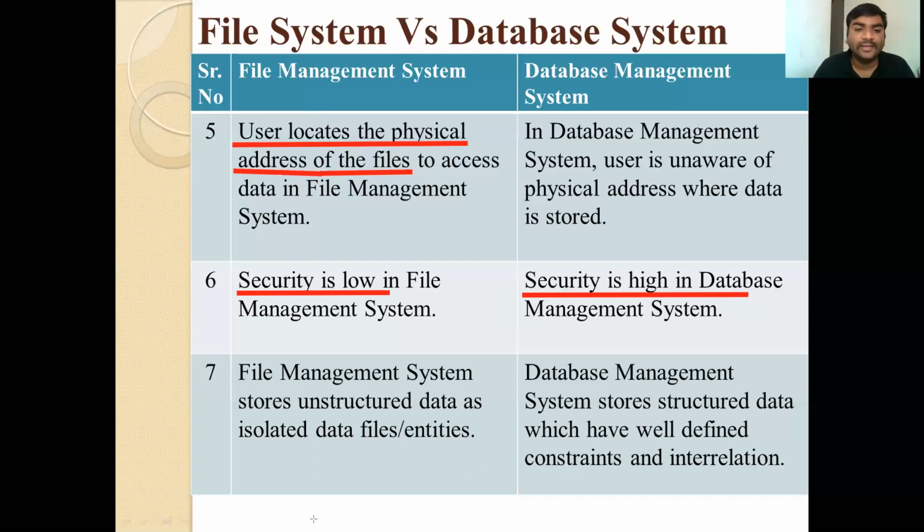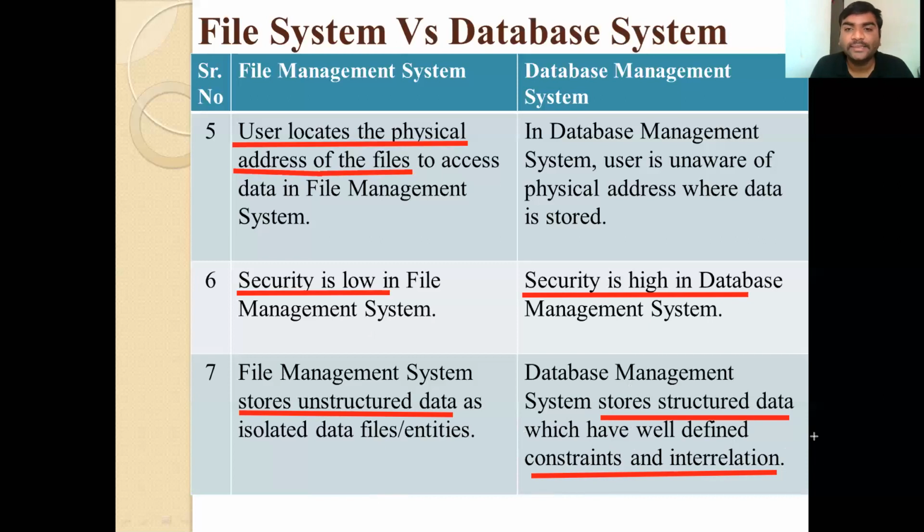The last point is that the file management system stores unstructured data, as isolated data file entities. The data available in the file management system is not structured data. While in the database management system, you can store structured data which has well-defined constraints and interrelations. Why do I say you can store structured data in a database?